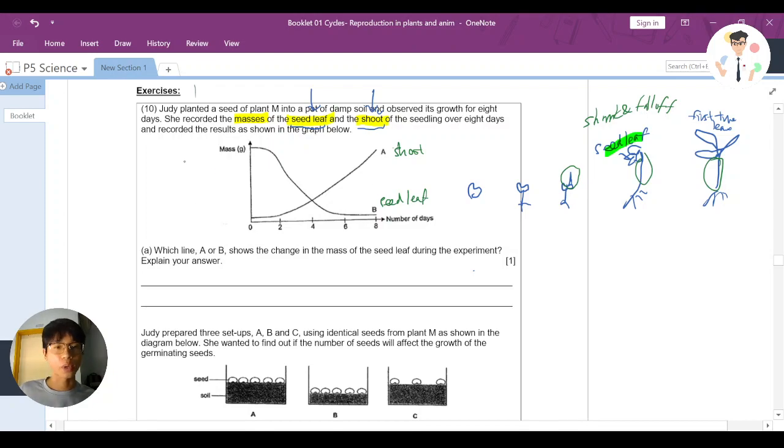Okay, so now the question A now asks, which line A or B shows a change in mass of the seed leaf? So you can explain very clearly now because you know. You can say that, let me just type instead. So you can explain here.